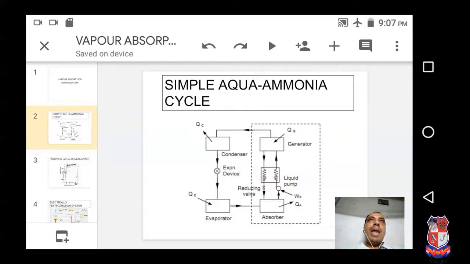It is 3 times the volume of the water. It means if 1 meter cube of water is available in the absorber, then it can absorb 3 meter cube of vapor ammonia at 12 to 13 degrees Celsius. So we try to maintain the absorber temperature around 12 to 13 degrees Celsius.